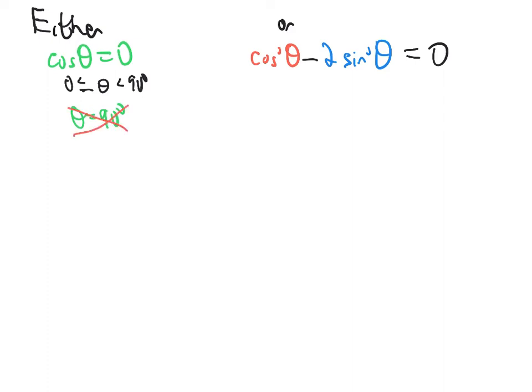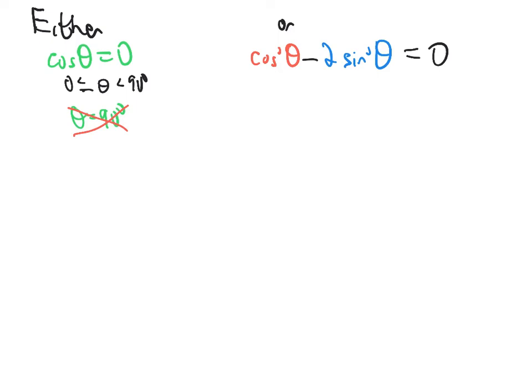So then we go over to the other side and we say, how about if we have cosine squared theta minus 2 sine squared theta being 0? And we want to do a little bit of trickery, because generally mixed trig functions in equations is bad news. It often leads to transcendental equations that have, by definition, no algebraic solution. So I want to reduce this to being only one trig function.